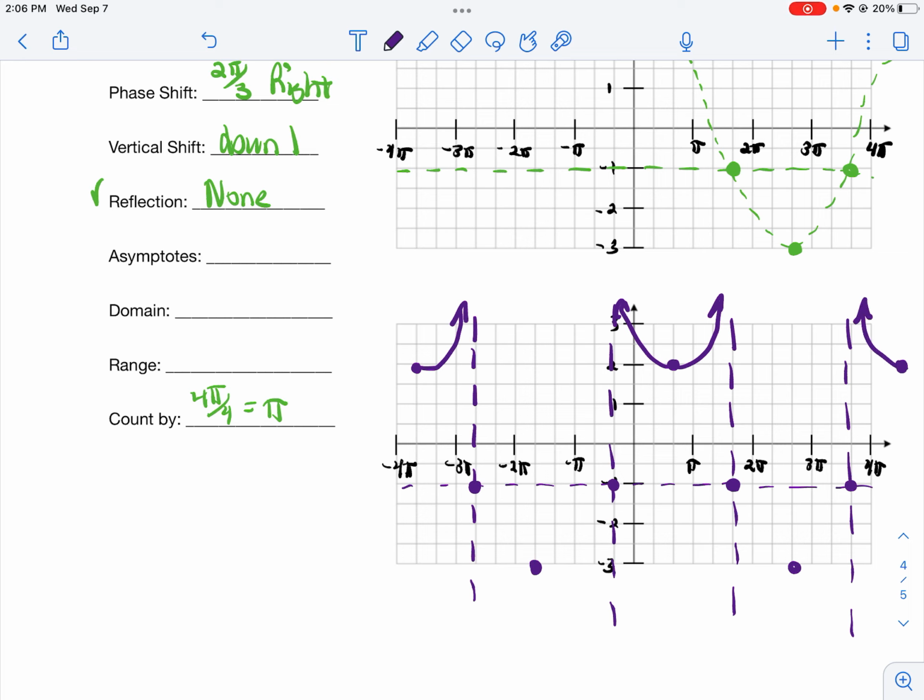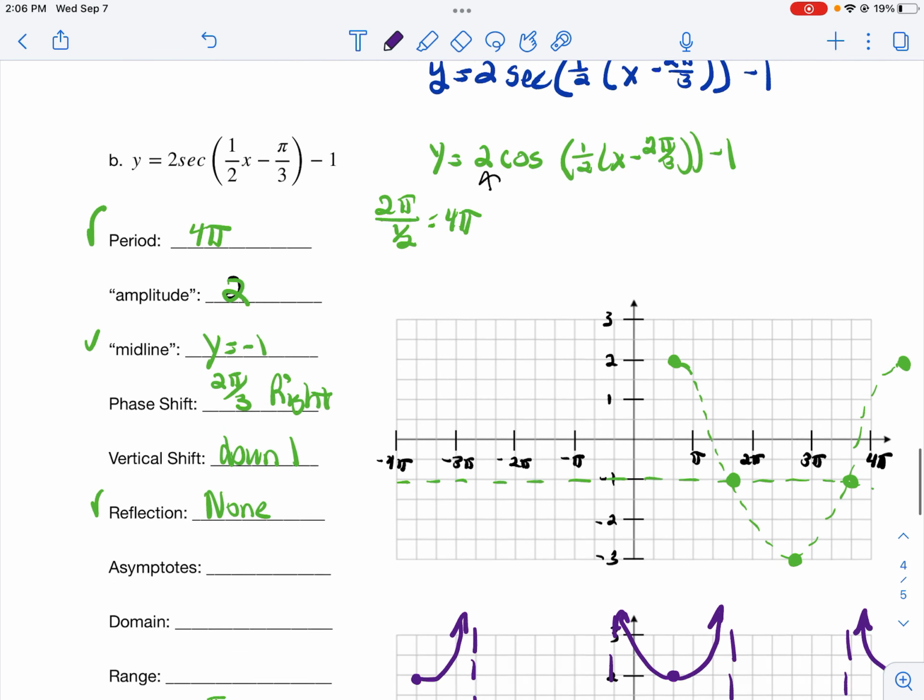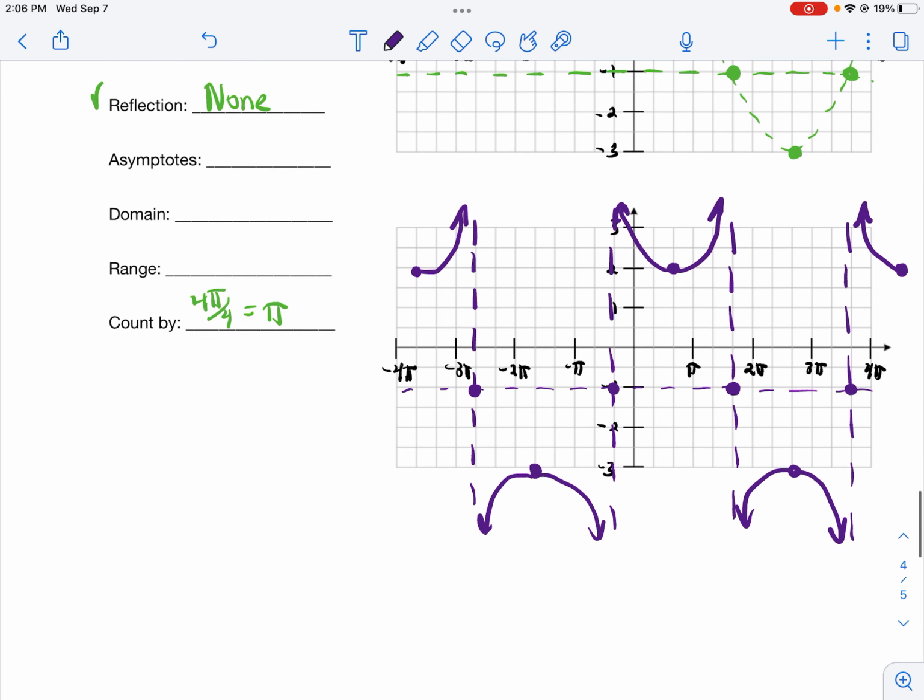Okay, everywhere below the midline, we go down toward our asymptotes. And that is the sketch of this secant graph. Okay, notice that the bigger midline stretches those out from each other.